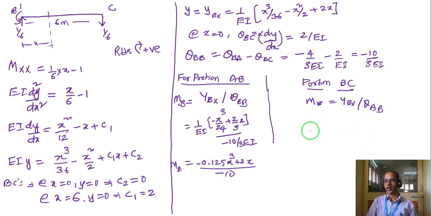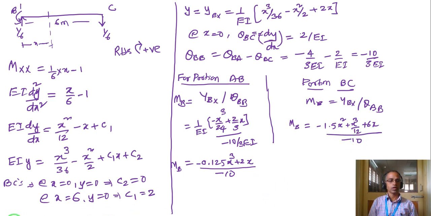Similarly for this side, substituting we get MB is equal to minus 1.5 x square plus x cube by 12 plus 6x, whole divided by minus 10.